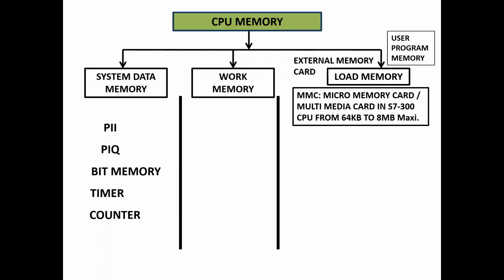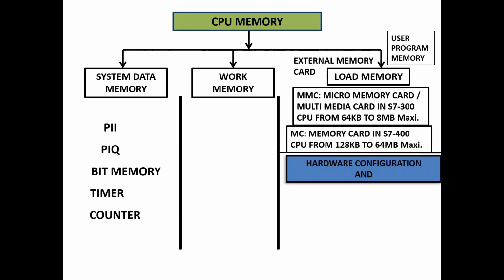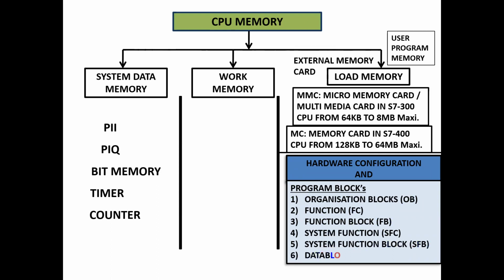So in these memory cards, what we are downloading, we need to download our hardware configuration and program blocks. Till now we are configuring the hardware configuration in a separate window in SIMATIC Manager, and we need to download that first, and then we go to the program blocks.